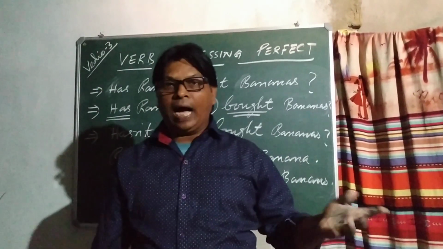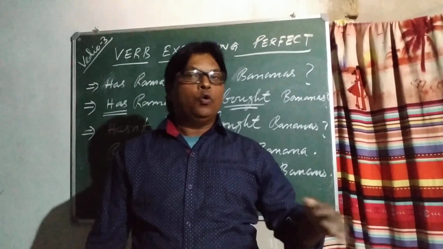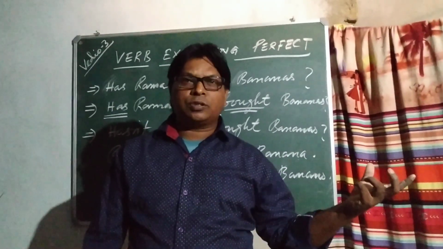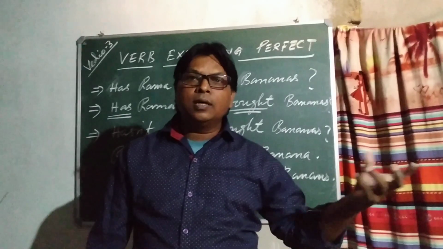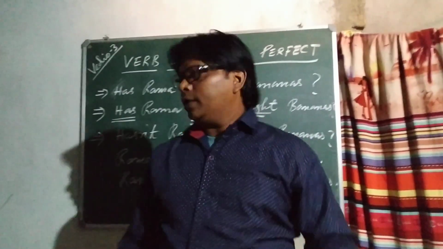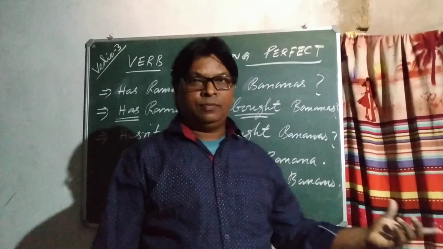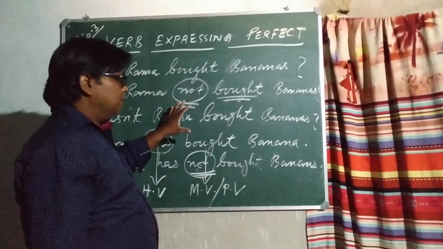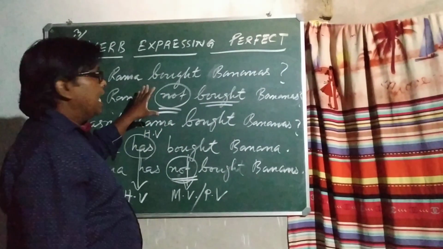For example, I, we, they, Rama and Syama, cows, goats, girls, any plural nouns or pronouns take have, and any singular nouns or pronouns take has. This is the difference between has and have.